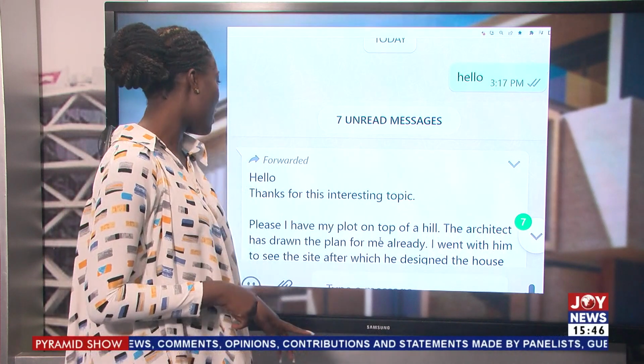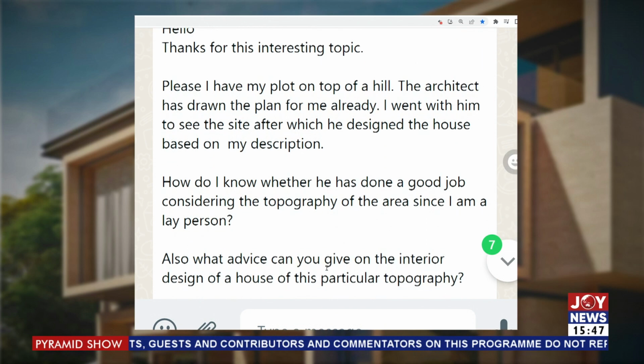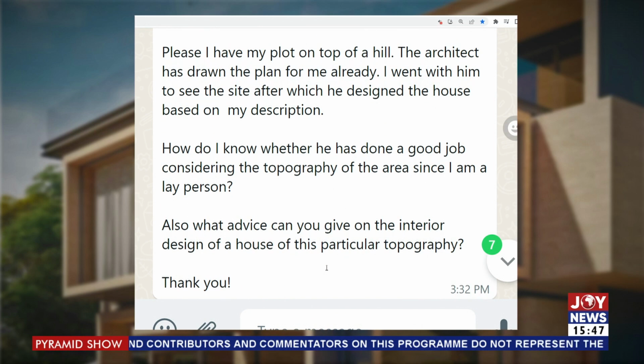So our first comment coming in is: please, I have my plot on top of a hill. The architect has drawn the plan for me already. I went with him to see the site, after which he designed the house based on my description. How do I know whether he has done a good job considering the topography of the area, since I am a layperson?